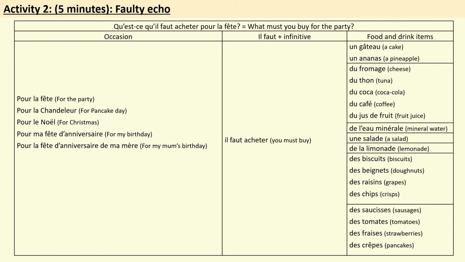4. Pour ma fête d'anniversaire, il faut acheter des raisins. And incorrectly now. Pour ma fête d'anniversaire, il faut acheter des raisins. Cinq.